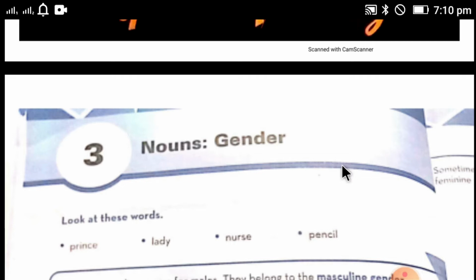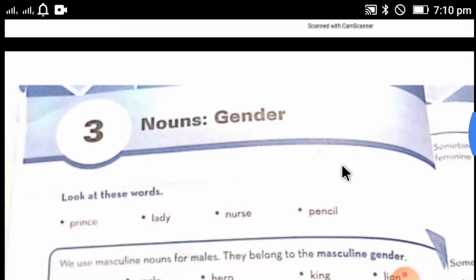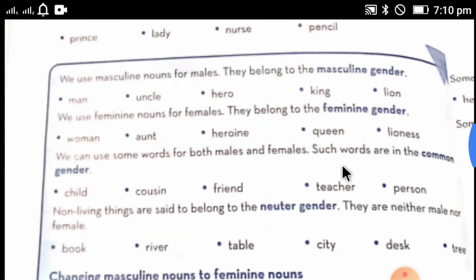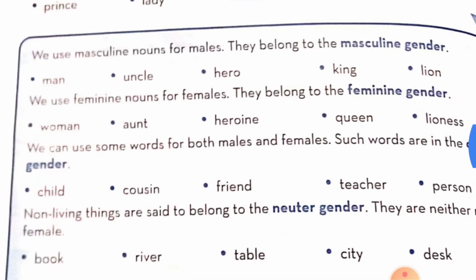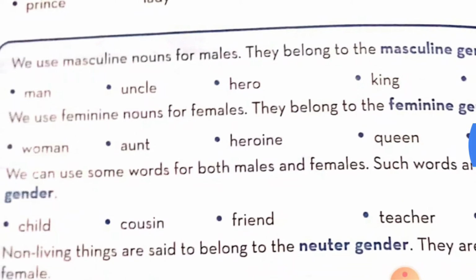In the second part, I will explain the textual exercise. Now look here. As we know, there are four main genders in the English language. Which are they? Look here.